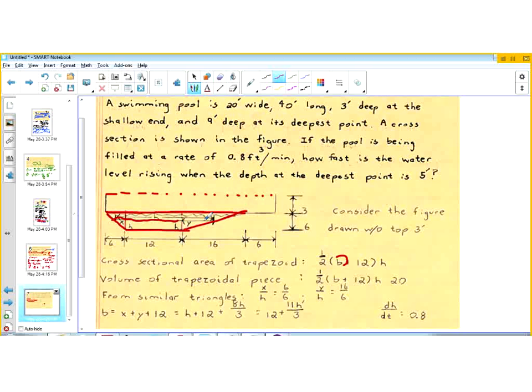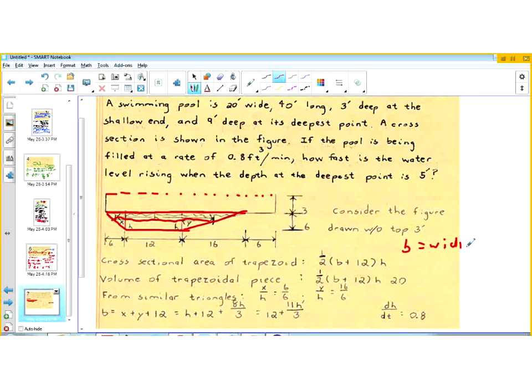So that would be the width of the water surface. So the cross-sectional area of the trapezoid, insofar as water has filled into the pool, will be this formula: B plus 12, 12 being the width at the bottom of the trapezoid, times H. And H is the height.